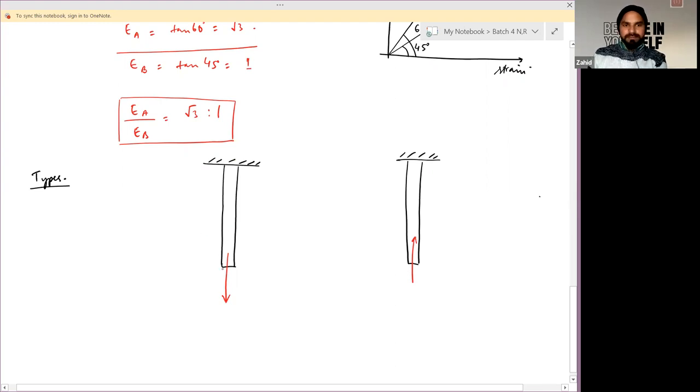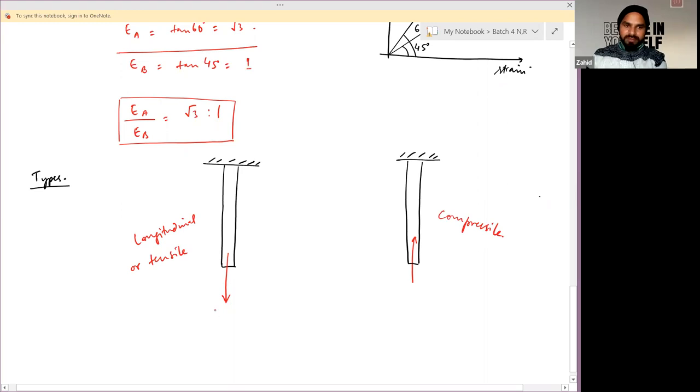In the first case, since the deforming force is applied in the downward direction to elongate its length, it will be termed as longitudinal or tensile. In the second case, the deforming force is applied in the upward direction, so it will compress this rod slightly, so it will be termed as compressive.